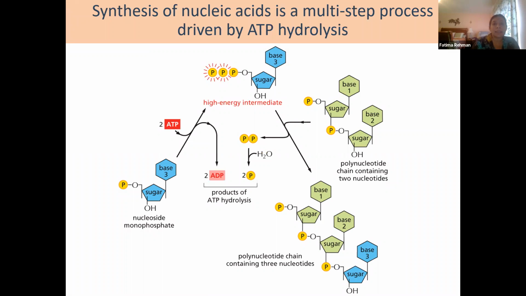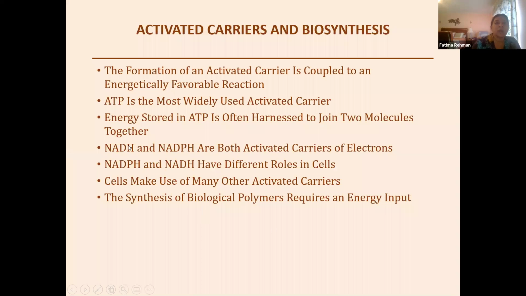So nucleic acid synthesis is a multi-step process driven by this type of ATP hydrolysis, and with the high energy need that it has, it uses a lot of energy. A lot of ATP is used in a single round of transcription or translation of individual mRNA molecules. So the activated carriers and biosynthesis, here's a review of that.